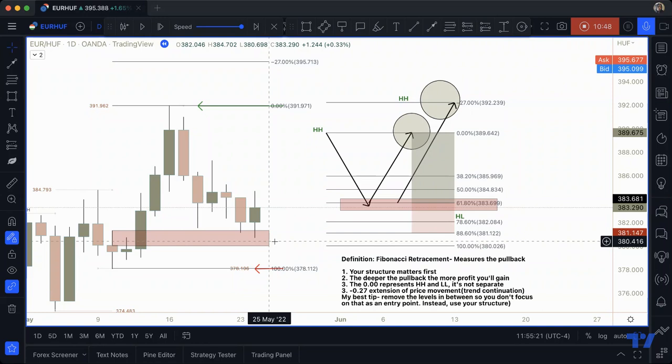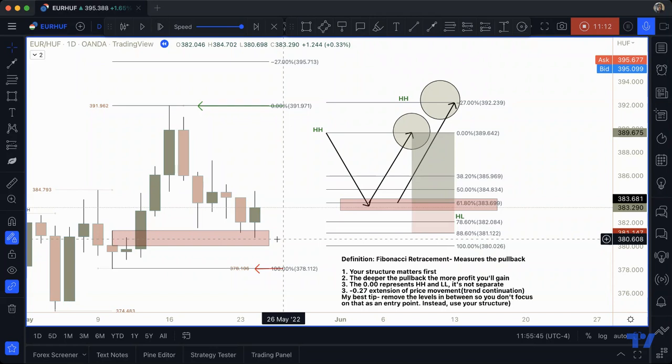And so if you're having a hard time distinguishing between both, and if you know you can still use this as a confluence, what I would say is use the levels last, but just remember that your entry is where you've placed your structure. Once you have that, once you have the take profit, once you have the stop loss, then just say, now I can use the Fibonacci to measure how deep the pullback is.